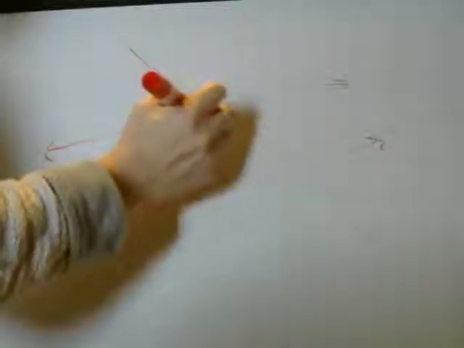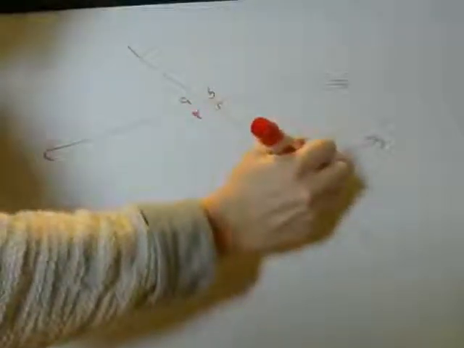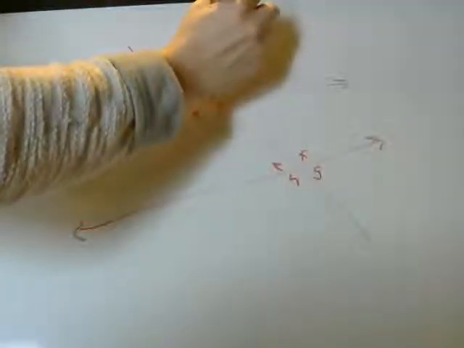They give you two parallel lines. We'll go this way. A, B, C, D, E, F, G, H. And they say angle C equals 50 degrees.